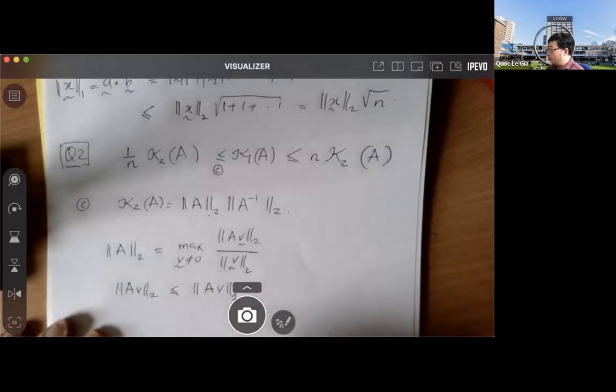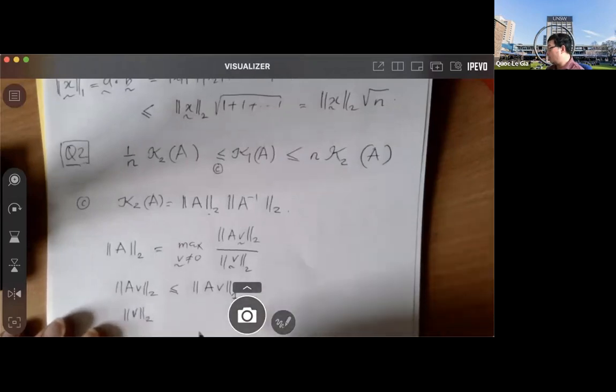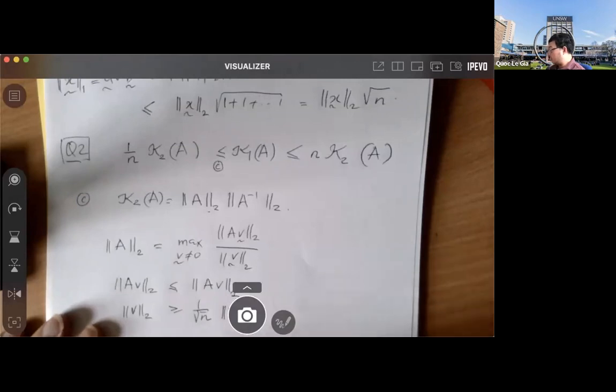And then if I take the norm of the vector V in the two norm, it is always bigger than 1 over square root n times the one norm of the vector V. We proved it before: the one norm is less than or equal to square root n times the two norm. So I just write it in the reverse direction like this.